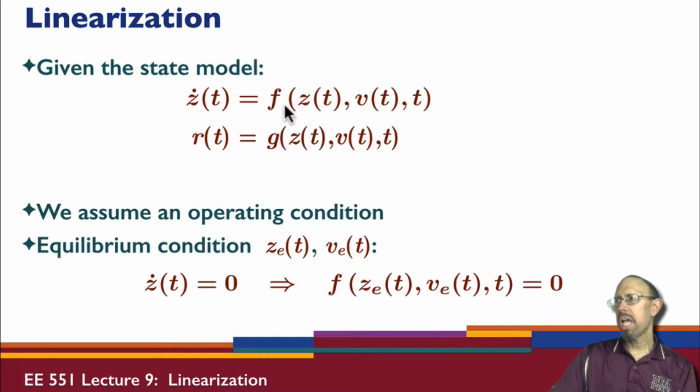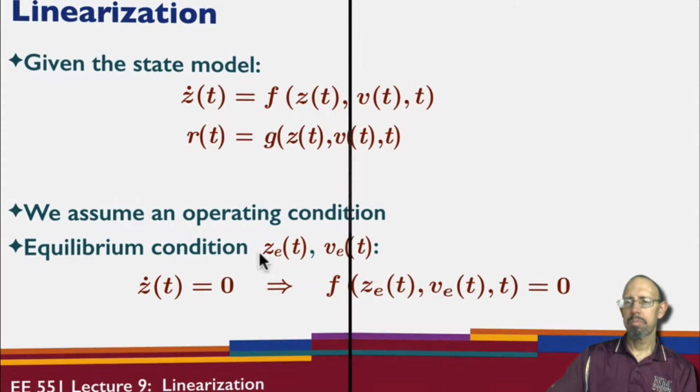Since we have this equation that describes z of t, if we were to plug this function of z in here and this function of v in here, we would get 0, identically 0. Okay, so this is the equilibrium condition. This describes an equilibrium condition, and we will usually use an equilibrium condition when we're linearizing a system.